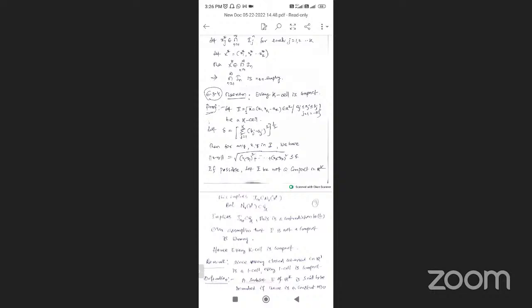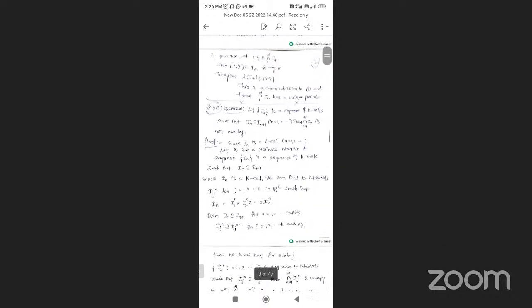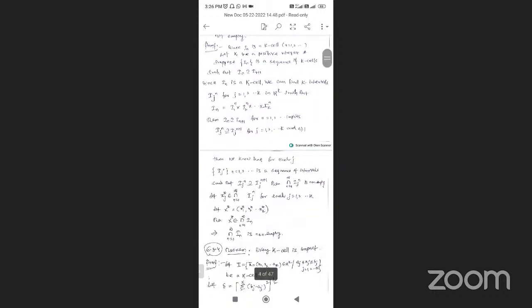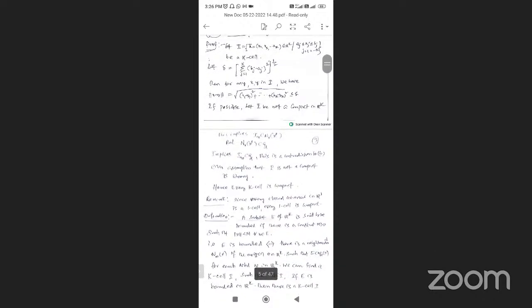After the second page, we take now. This is called, after second we got, every KCL is compact 6.3.4. So after that we can do the square root of 6.34, the square root of x square plus y square.